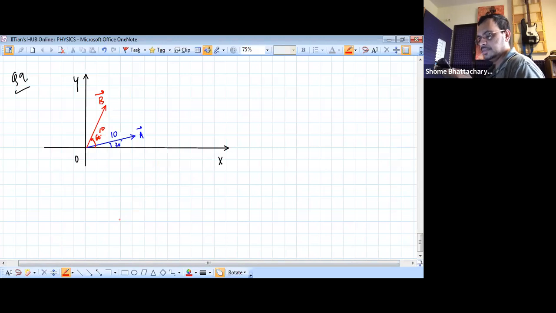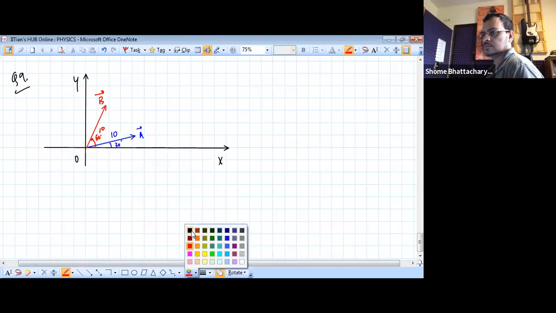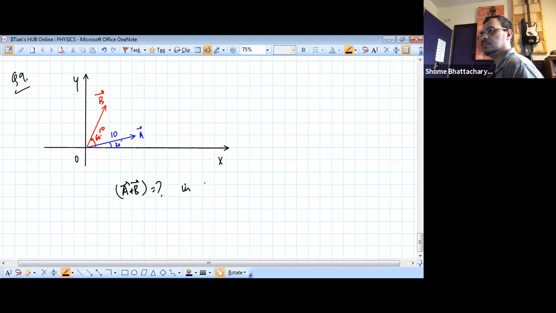Now we have to find A plus B in component form, that is i cap, j cap notation.